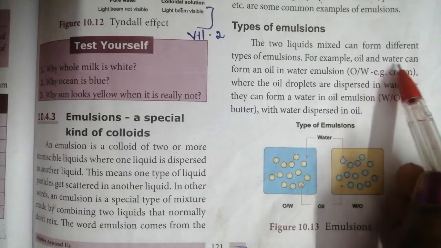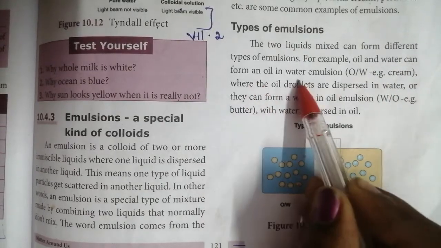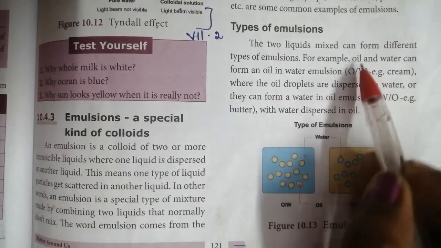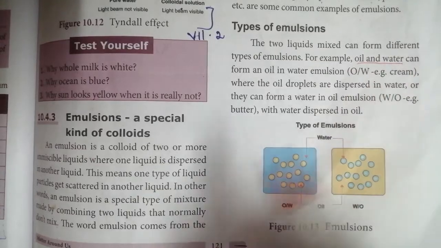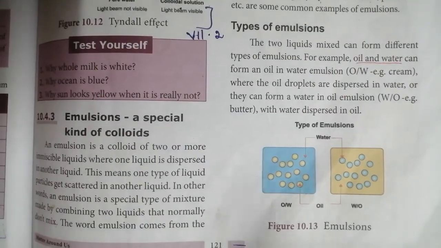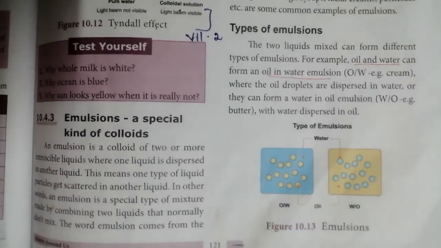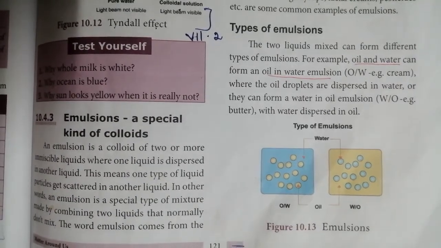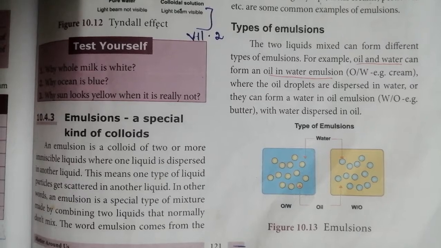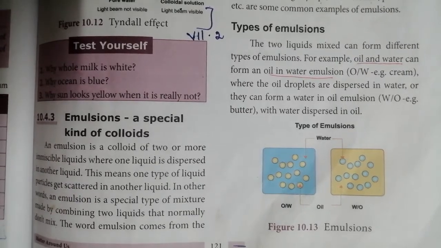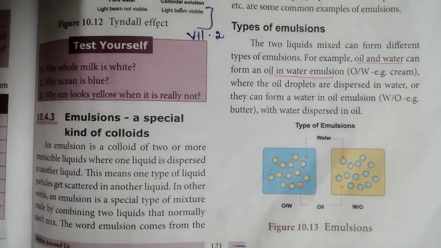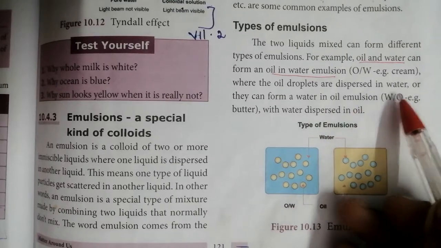For example, oil and water can form an oil in water emulsion. Oil and water can form which type of emulsion? Oil in water emulsion. What is the example for oil in water emulsion? Cream, where the oil droplets are dispersed in water.